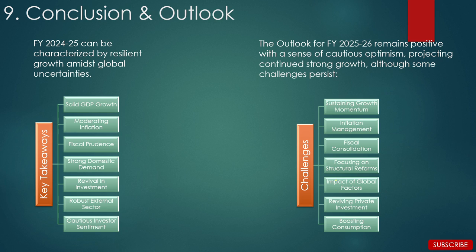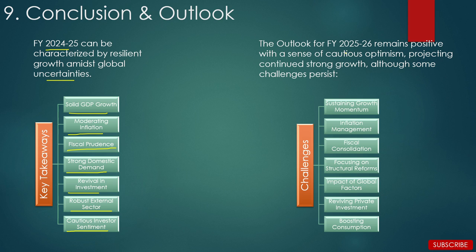So, to conclude, financial year 24-25 can be categorized by resilient growth amidst global uncertainties. The key takeaways include solid GDP growth, moderating inflation, fiscal prudence, strong domestic demand, revival in investment, robust external sector, and cautious investor sentiments.